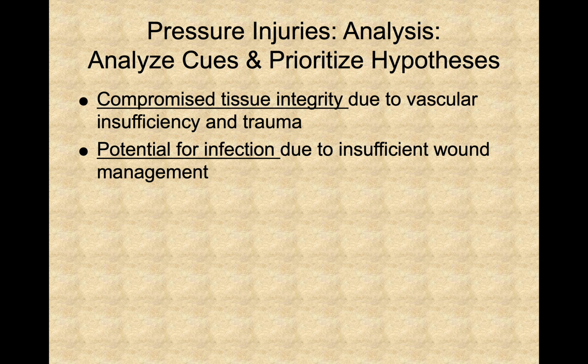This kind of terminology here that you're looking at, compromised tissue integrity due to vascular insufficiency and trauma, potential for infection due to insufficient wound management, this type of language is very akin to what you would see if we were writing a nursing diagnosis.